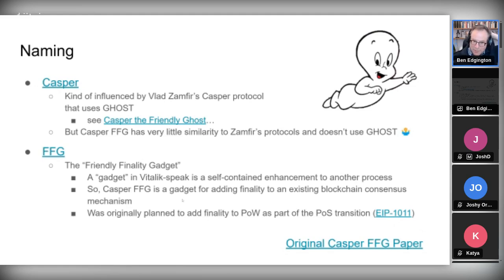Proof of work doesn't have finality, and the idea was that Casper FFG could be overlaid on top of it, bringing some elements of proof of stake to bring finality to the proof of work mechanism. However, we have adopted it instead to overlay it on LMD Ghost. And the original paper is really nice, actually. It's worth a read. I do recommend it.